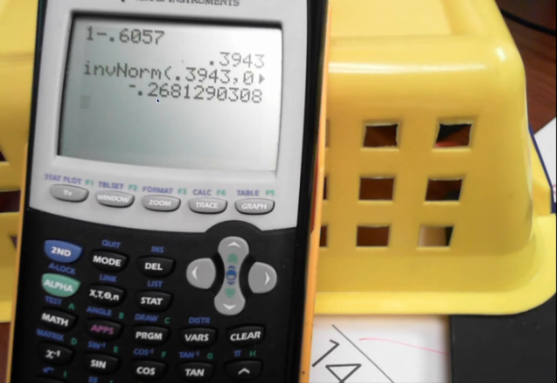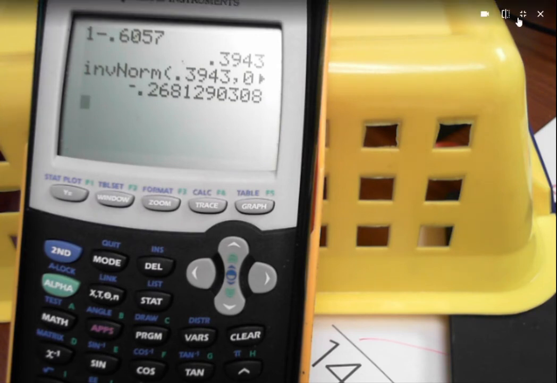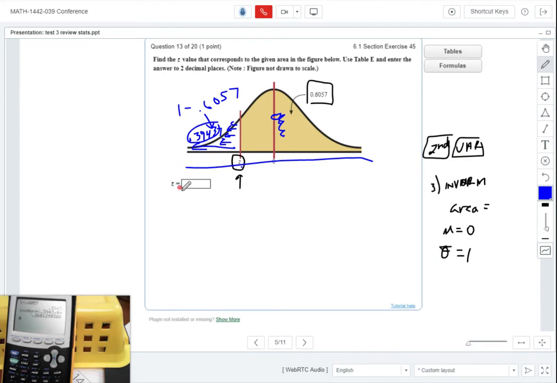And the z-values we only take to 2 decimal places. So look at the third, 5 or more, it's negative 0.27. So our z-value is negative 0.27.